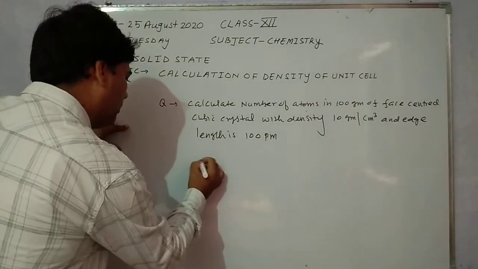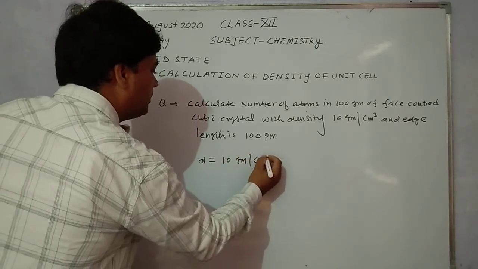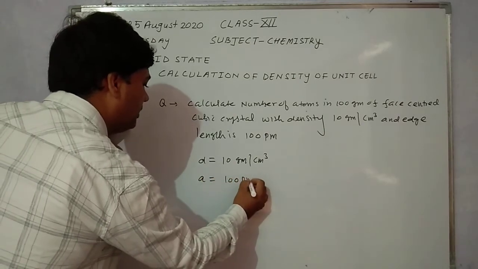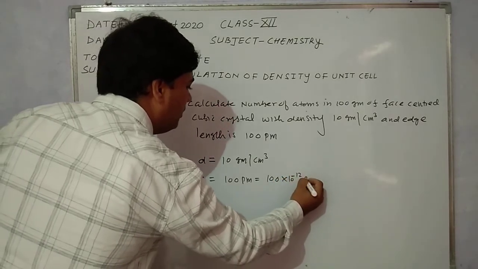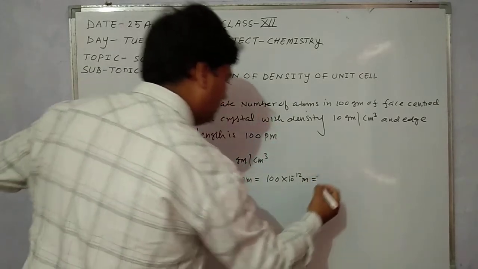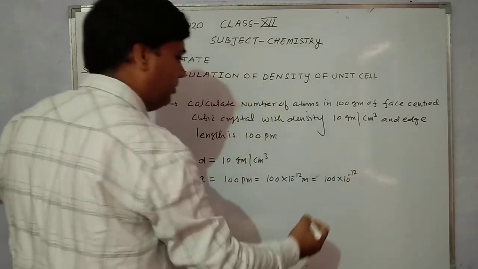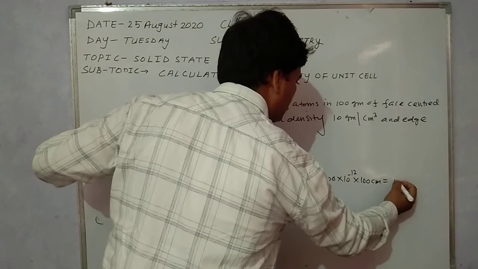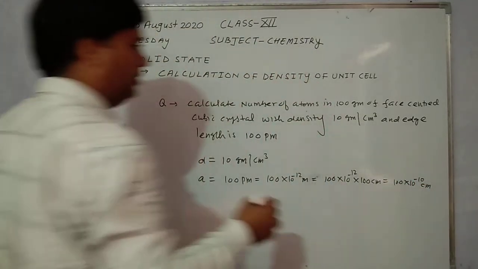So density is equal to 10 gram per centimeter cube, edge length a is equal to 100 picometer, which is 100 into 10 to the power minus 12 meter, which is 100 into 10 to the power minus 12 into 100 centimeter, that is 100 into 10 to the power minus 10 centimeter.